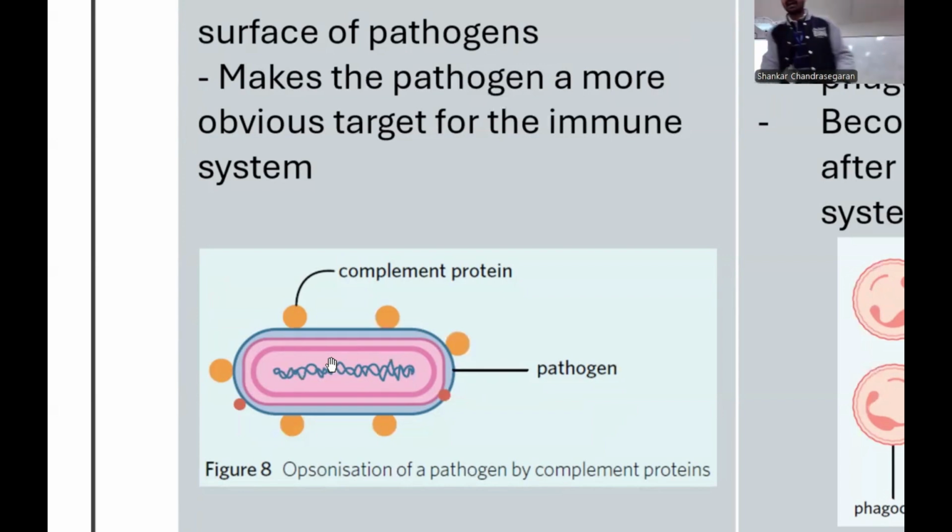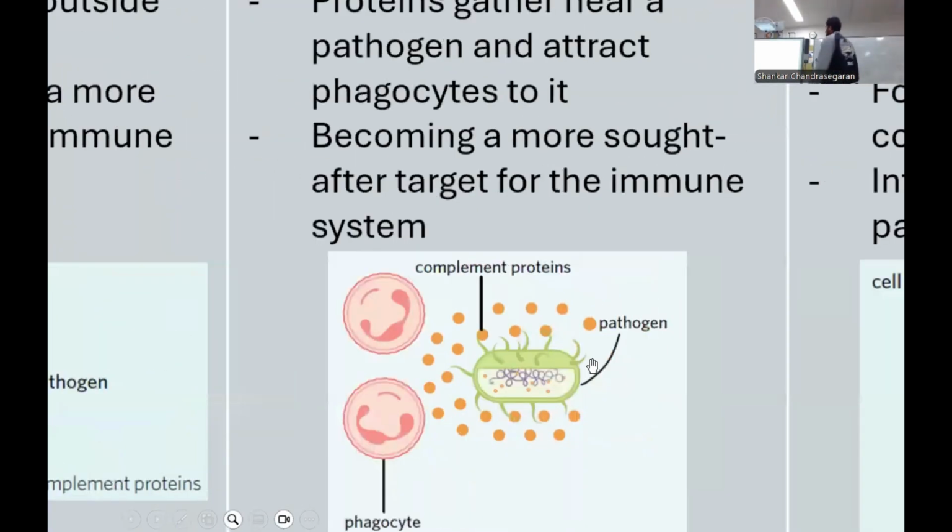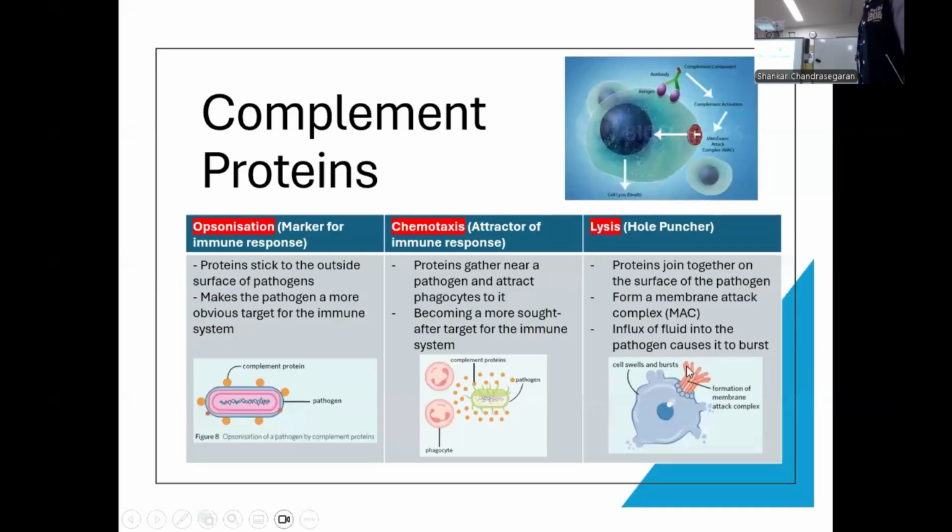The second one, however, is more about becoming a point of attraction, drawing in the phagocytes such that the pathogen gets revealed. The complement proteins are surrounding the pathogen, and then they attract the phagocytes close to them, at which point the phagocytes will go to town on the pathogen.